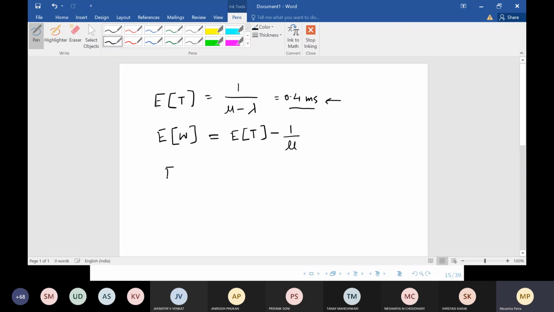Then the other value is the average number of jobs in the system, that is E of n. This you can get from Little's law. So E of n should be E of t by, am I saying it right, or lambda E of t? Yeah, lambda E of t, sorry.